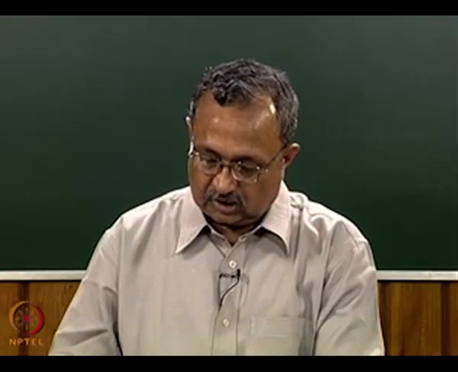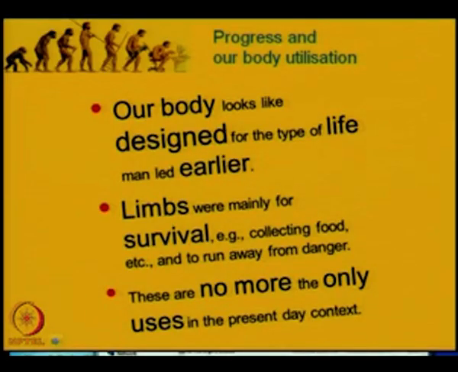Now, earlier we said that progress created some problems also. Progress and our body utilization: first we can say our body looks like it was designed for the type of life man led earlier.